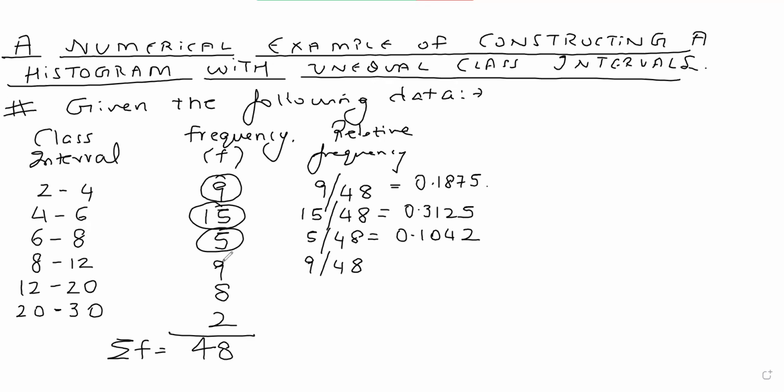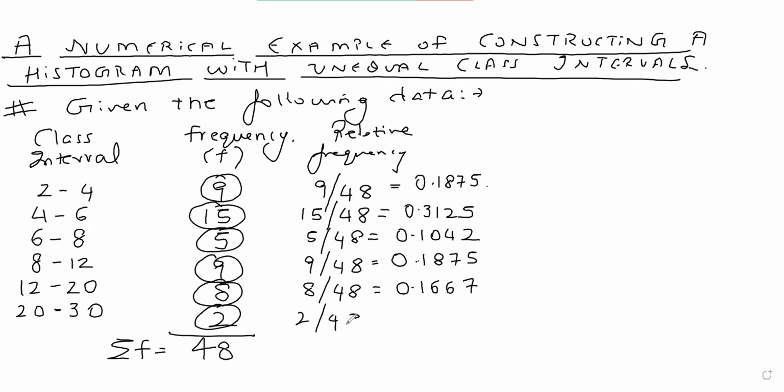Then 9 divided by 48, which is 0.1875. Then 8 divided by 48, which is 0.1667. 2 divided by 48, which is 0.0417. These are all my relative frequencies, and then I can calculate the density.